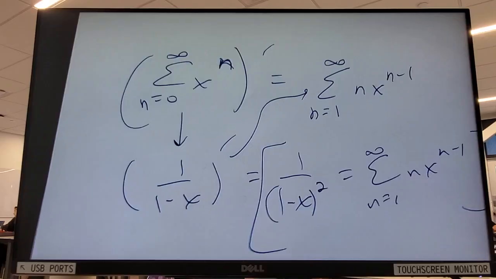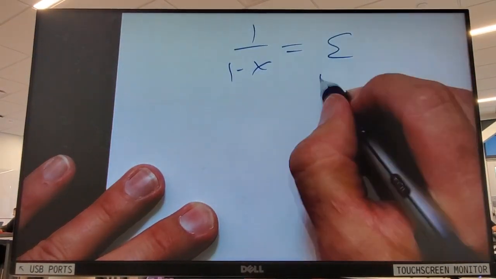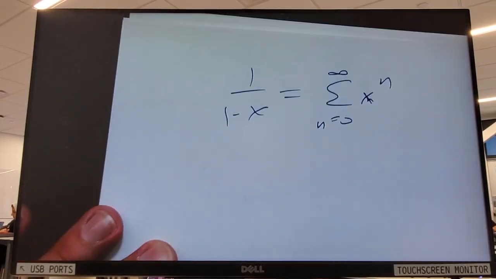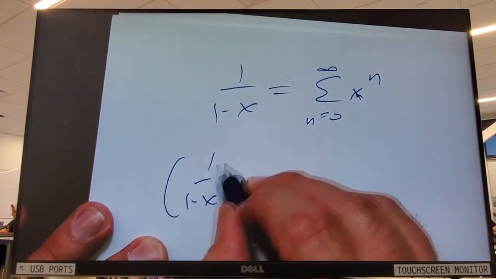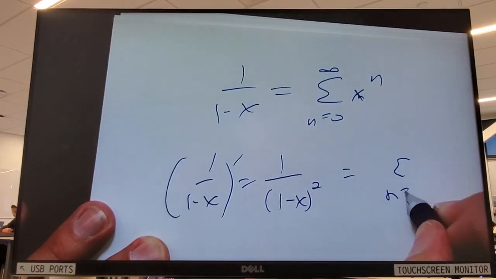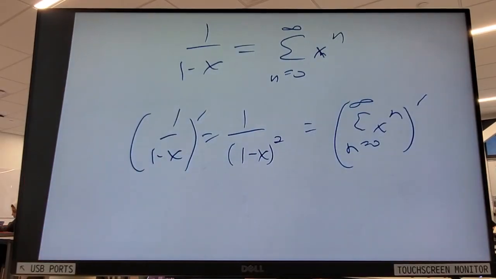Just to show you more straightforwardly, 1/1 minus x is this. So what is the derivative of 1/1 minus x, which is 1/1 minus x squared? Whatever I do to one side, I must do to the other side, right? So if I take the derivative of one side, I've got to take the derivative of the other side. Do you see what I'm saying?